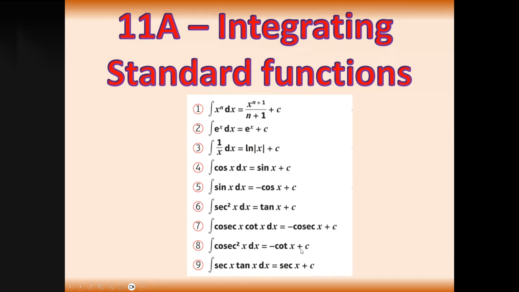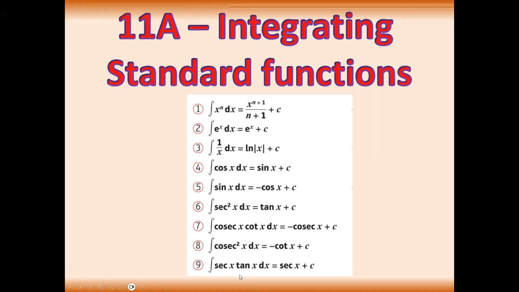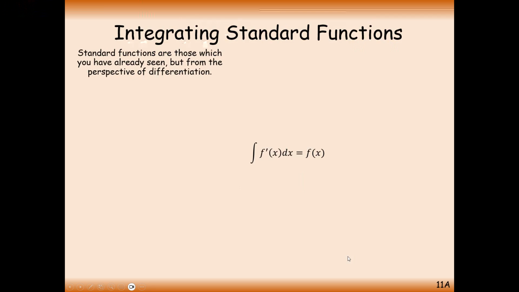So when we integrate cosec square, we are going to get the negative of cot. And when we differentiated sec, we ended up with sec times tan. Therefore, every time you see sec times tan under the integral, you're going to get the answer of sec x plus some constant c. So let's look at some questions here.